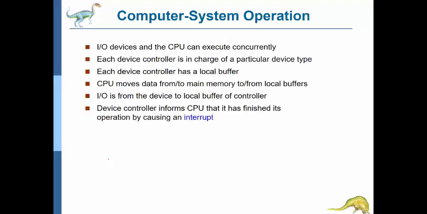Okay, computer system operations. I/O devices and the CPU can execute concurrently. What does it mean? At the same time. What happens here is that the CPU is, for example, doing a computation.